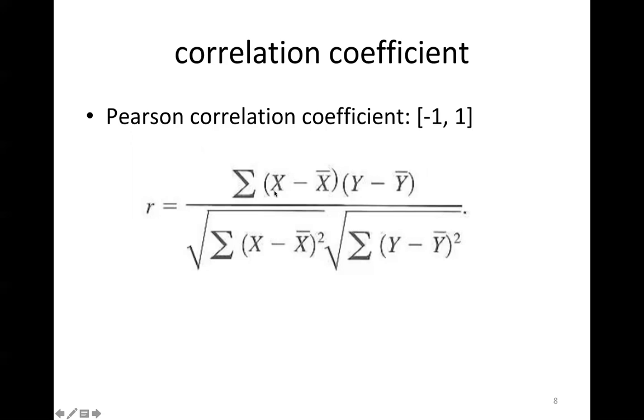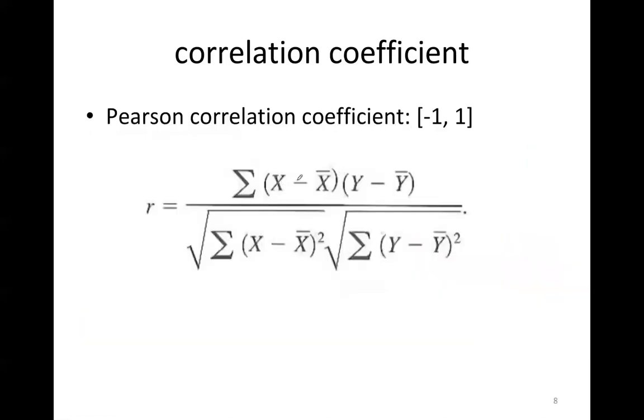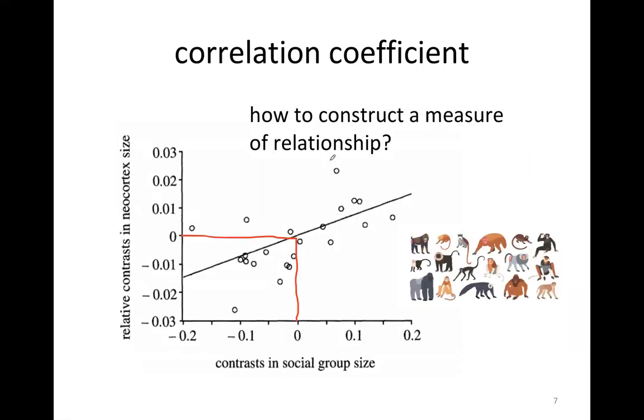Here we have, for each of the values in our data set, for each point, we calculate the deviation between that point and the mean on the x-axis. So the point's value on the x-axis and the mean of the x-axis values, and for the same point, its value on the y-axis and the y-axis mean. So here, for instance, if the mean of both sets is 0, we would first be calculating the difference between this value's x-axis value and the mean.